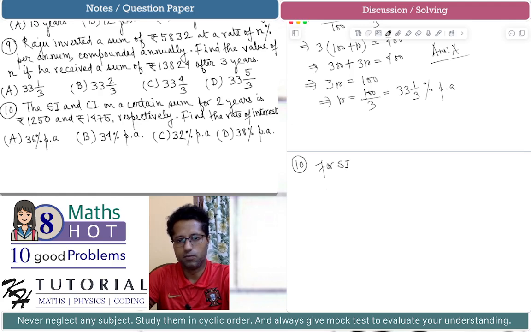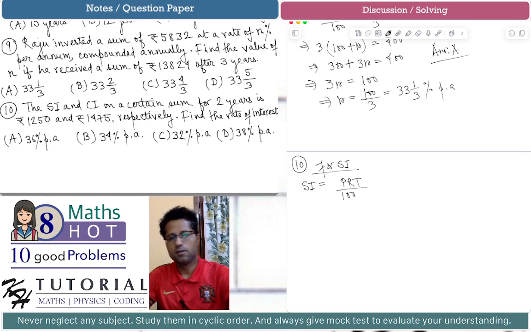Let's compute the simple interest. SI is equal to PRT by 100. This is the general formula where P is the principal, R is the rate of interest per annum, and T is the time in years. T is given to be 2 years in both the cases.